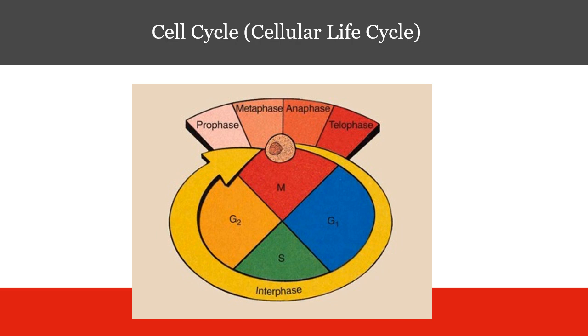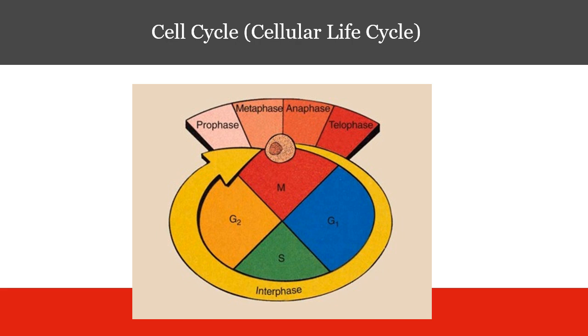Geneticists are only going to consider two phases of the cell, mitosis and interphase. We're going to break it down a little bit more, into four parts, in terms of biologists. So the cell undergoes a period of interphase in which there is G1, S, and G2.